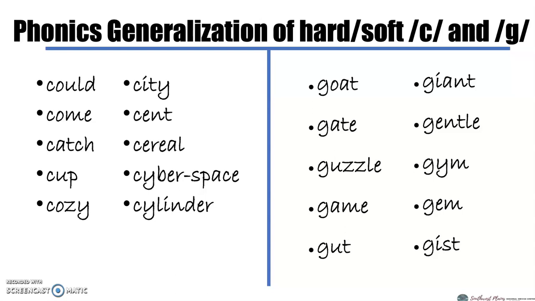You probably notice that the letter patterns of CI or CE or CY often reflect a sound of S, or the letter patterns of GA or GO or GU reflect the hard sound of G. We refer to this as a generalization because the letter pattern and corresponding sound association generally occur in written English language.